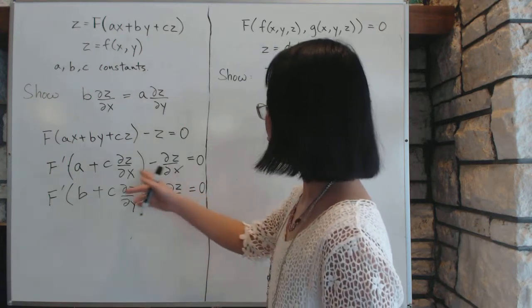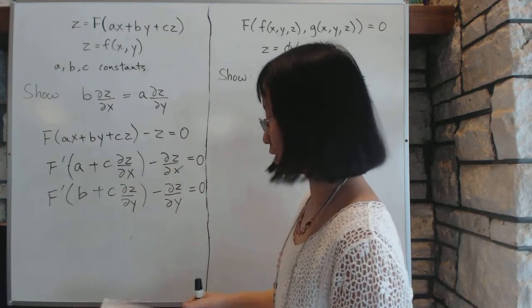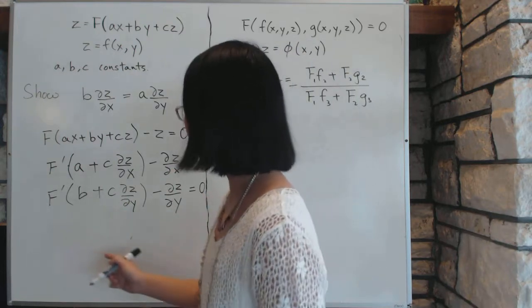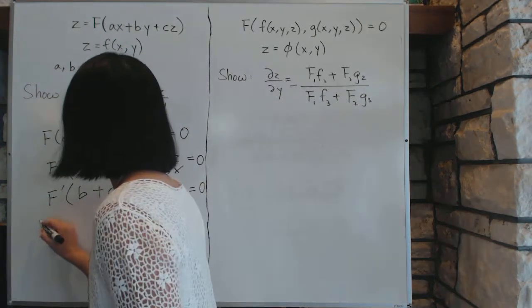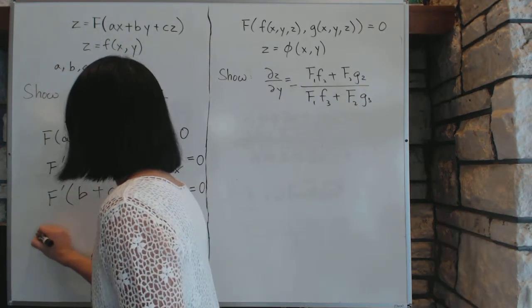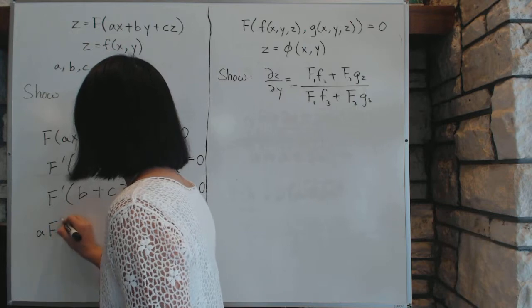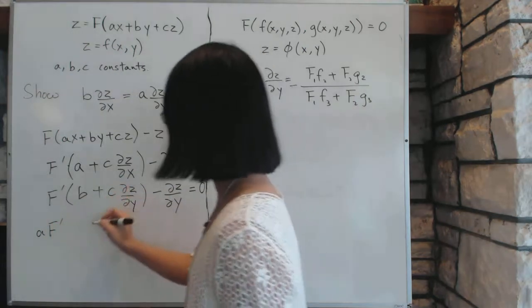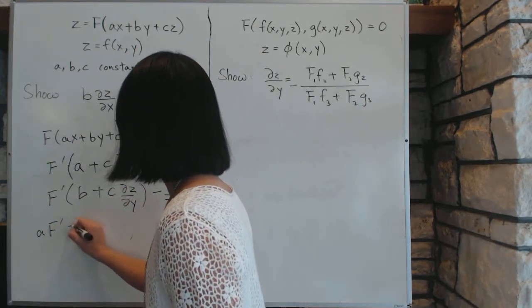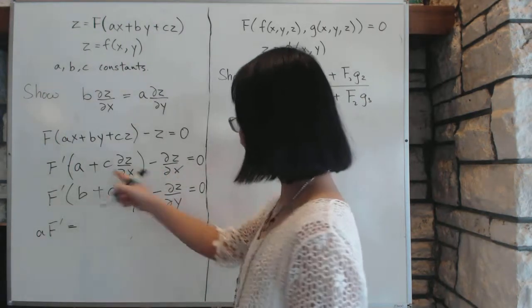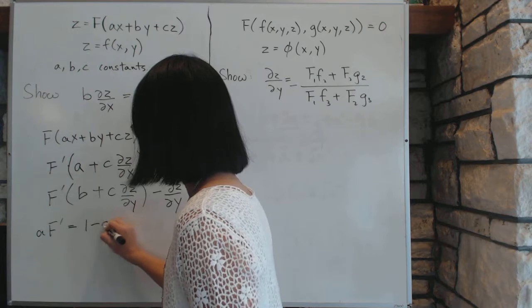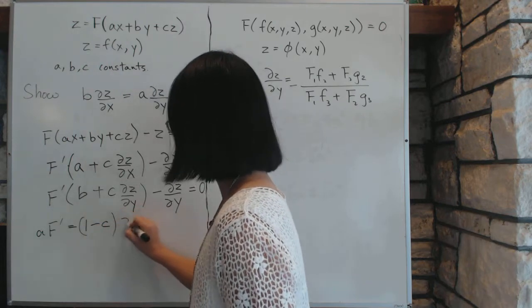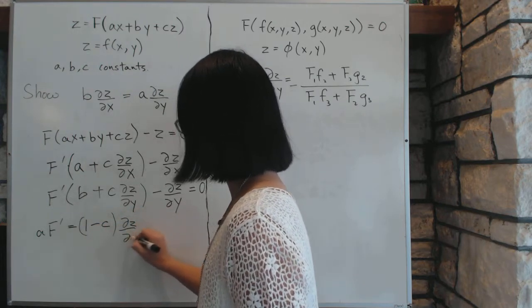Now to solve for partial c partial x and so on from here, what we have is a times F prime is equal to, we'll move this over to the other side of the equation, so we will get 1 minus c times partial c partial x.